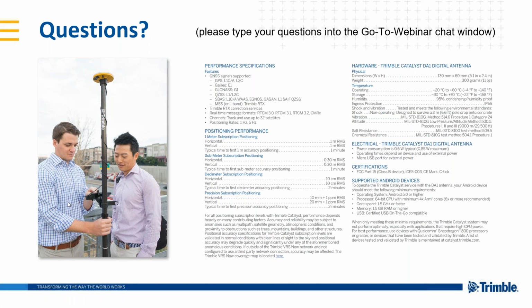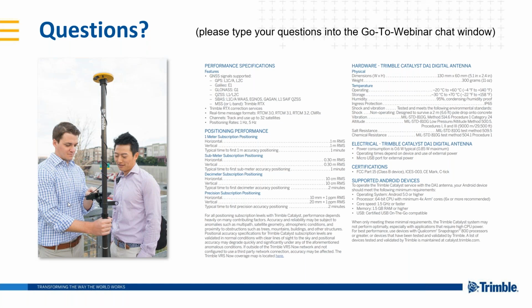The other thing I should say is if you subscribe to, say, centimeter level accuracy, then that is the best accuracy that you will achieve. However, if the infrastructure doesn't exist in your location to deliver that level of accuracy, the system will fall back and deliver the best level of accuracy that it can based on where you are and the technology that it has available.